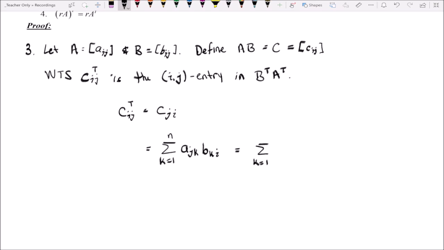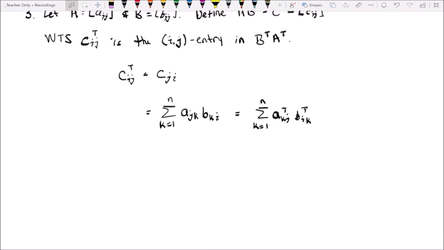But this is the sum of akj transpose times bik transpose. And since those are real numbers, multiplication commutes. So we can rewrite that as bik transpose times akj transpose.